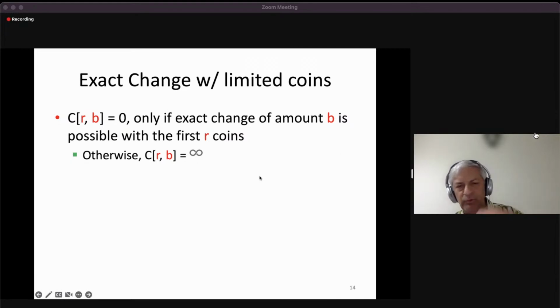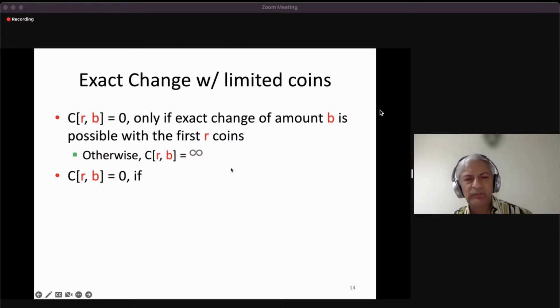Remember, for the Rth row, you can take all the first R coins that you have, and if you can make that exact change, then you can put in a 0 there. Otherwise, you can put in whatever other symbol you want. You can put in an infinity or an X or whatever it is that you choose.